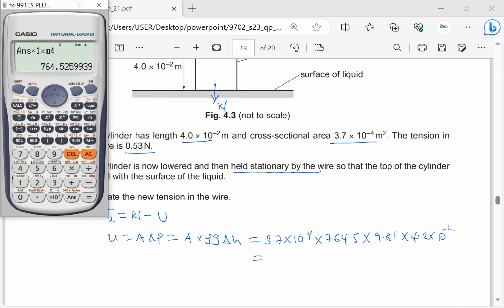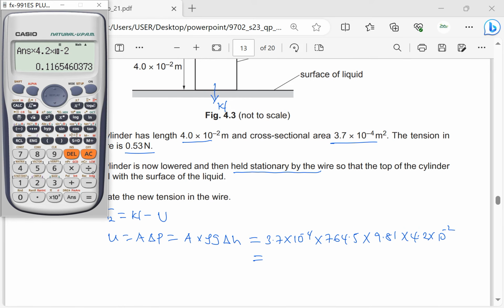So I'll just press my calculator. 3.7 exponent minus 4 times 764.5 times 9.81 times 4.2 exponent minus 2.